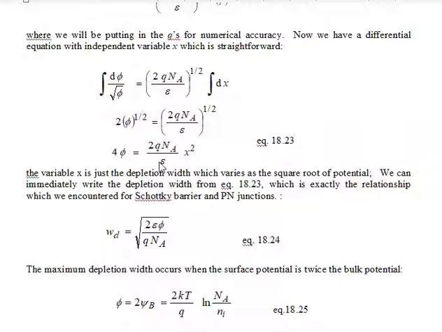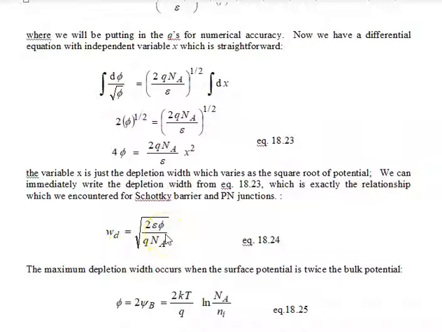And then I ask, what is the depletion width? Well, that's x. x is just W, the depletion width, as a function of φ. So I solve for W_D, the depletion width, x, bring this over to the left side, flip, and this is an equation for the depletion width as a function of the potential.